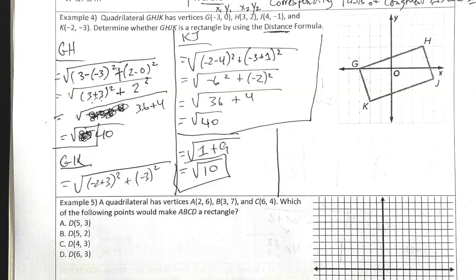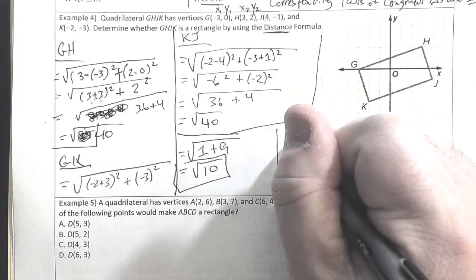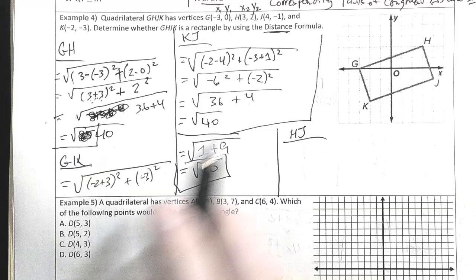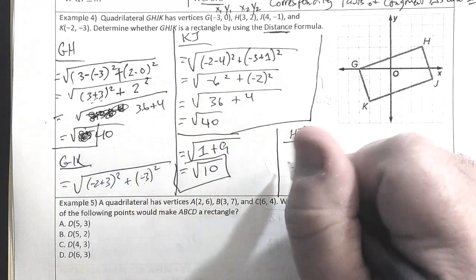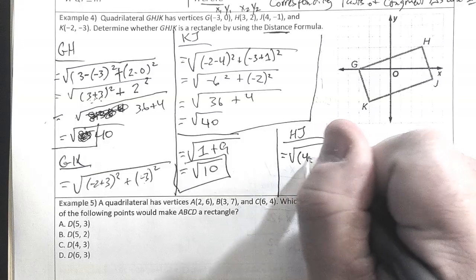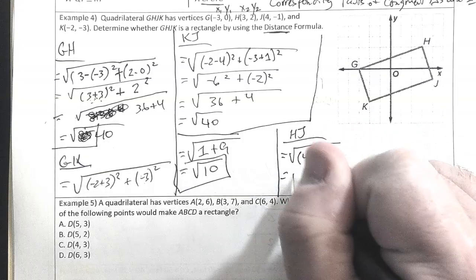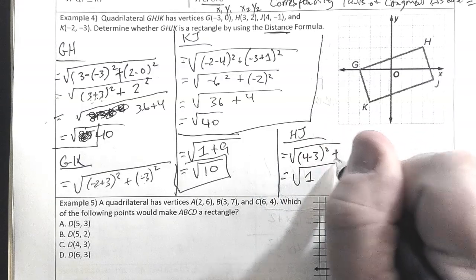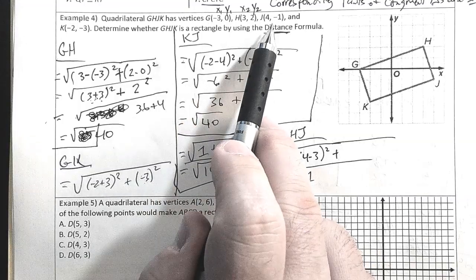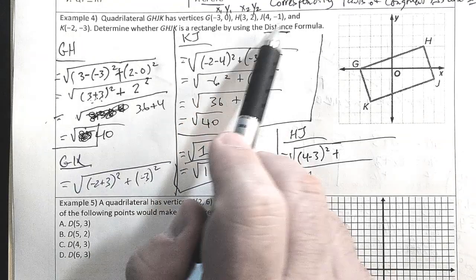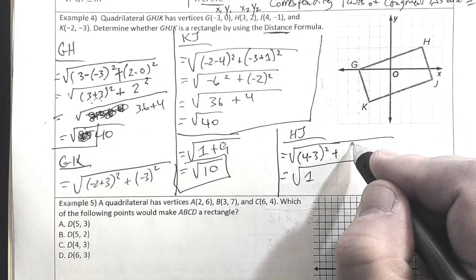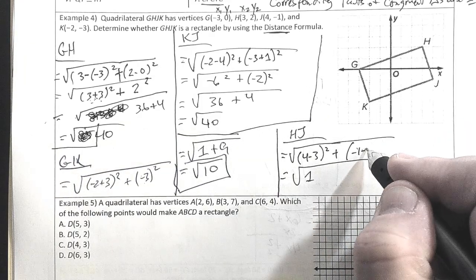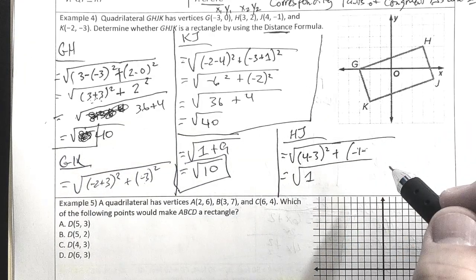Okay, now HJ, last one. HJ, again, twos and ones, so it'll be 4 minus 3, which is 1. 1 squared is 1 plus, and then the other side, where are we at again? HJ. So negative 1 minus 2. Make sure, did I say that right?